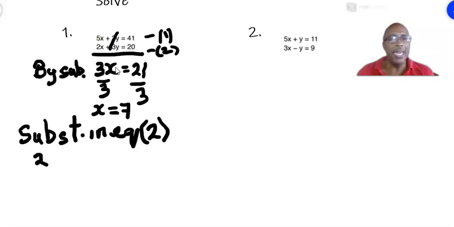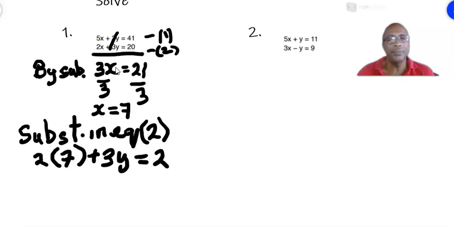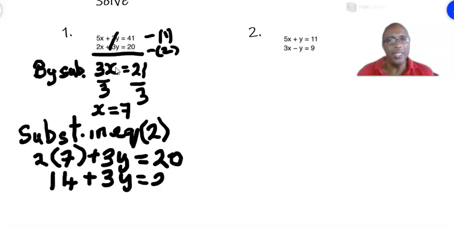It means that 2x is 2 times 7 plus 3y equal 20. Two times 7 is 14. So 14 plus 3y equals 20.